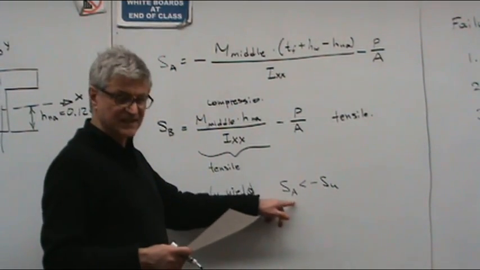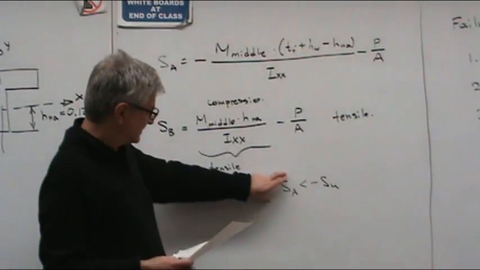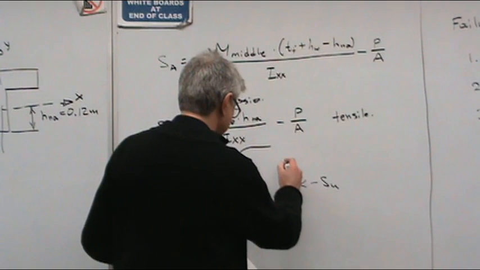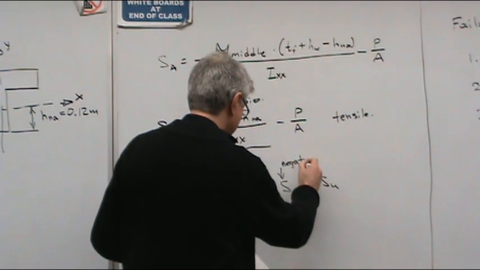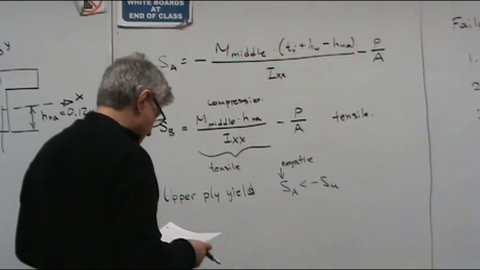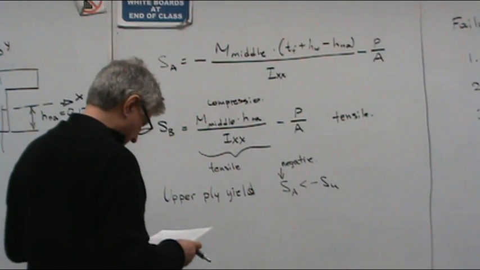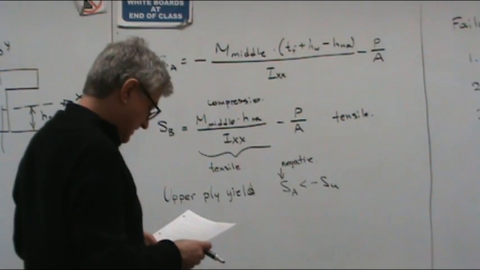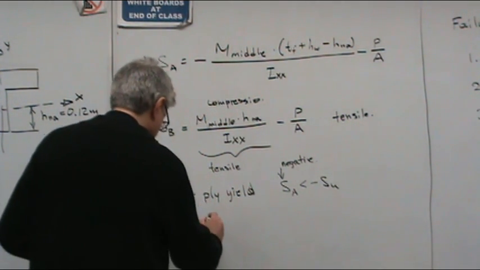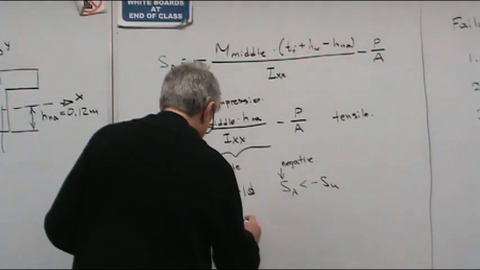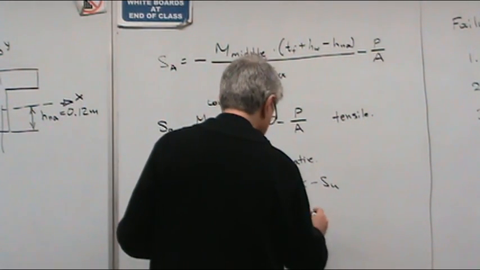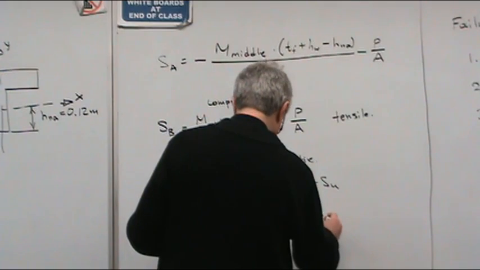Less means this is a negative number that is more negative than the strength. The lower ply yield occurs when the stress at point B is greater than S2.